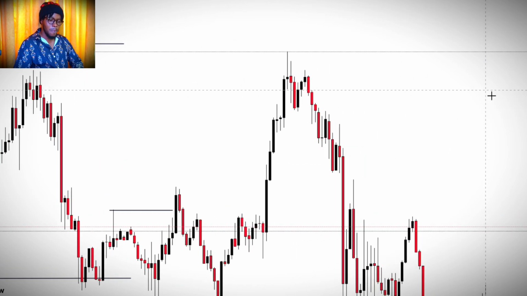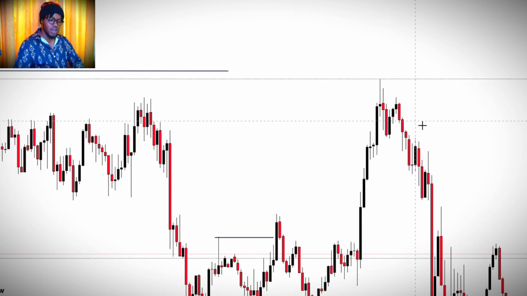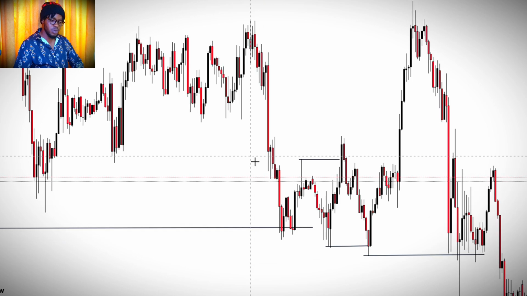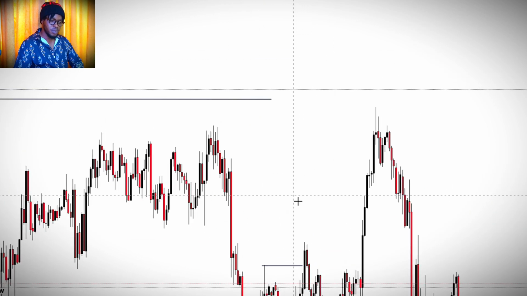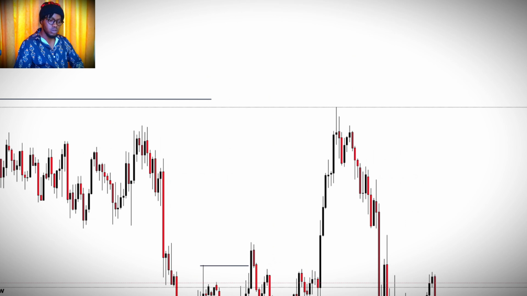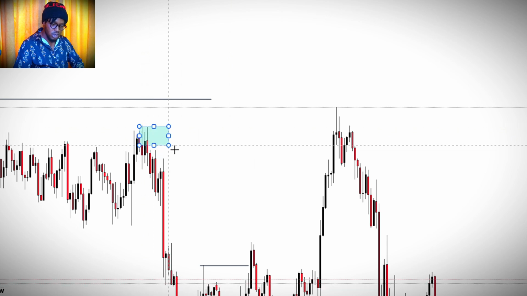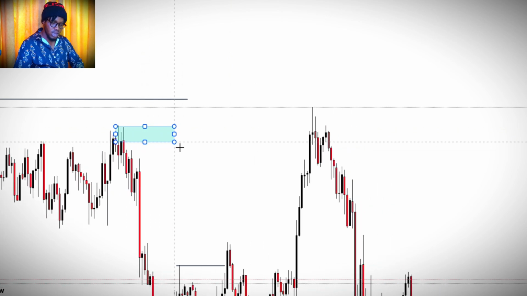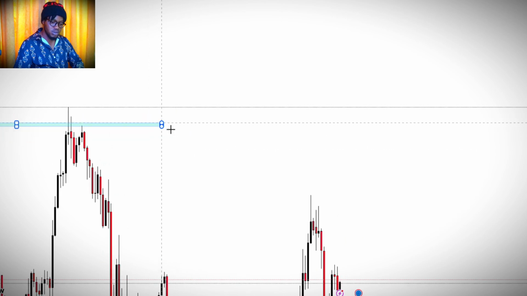So right here I had a pullback after the liquidity sweep below this point. Price came up to this point, tapping into my supply zone, and also sweeping liquidity above it.